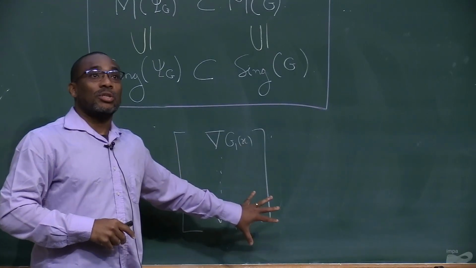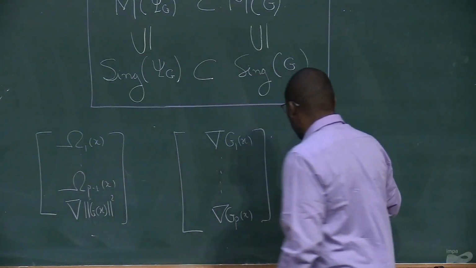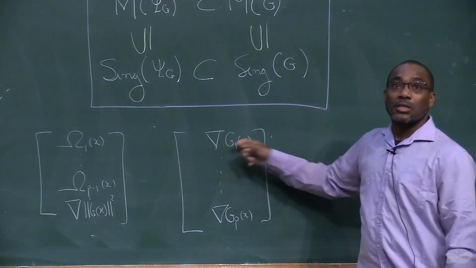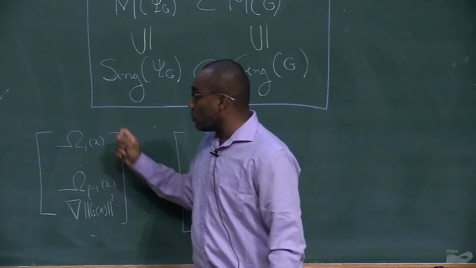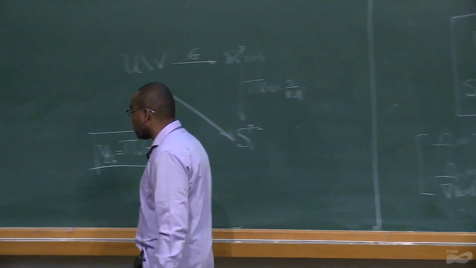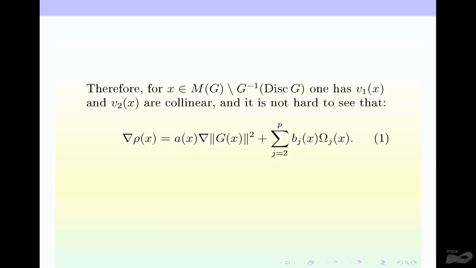Okay, that's the point to check: that if the vector position is a combination of this guy, it must be a combination of this guy as well. It's not so hard to check, it's just linear algebra to see what is going on in this case.